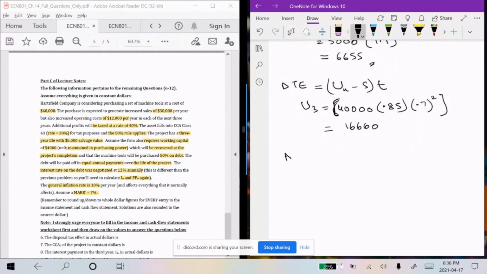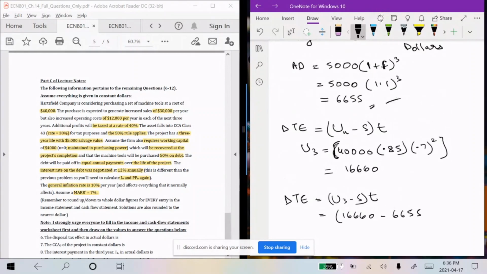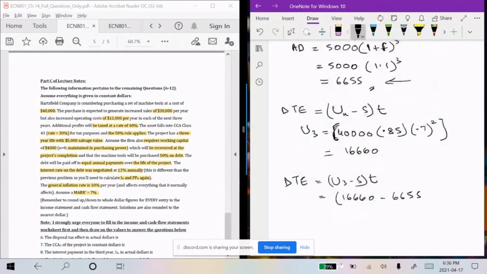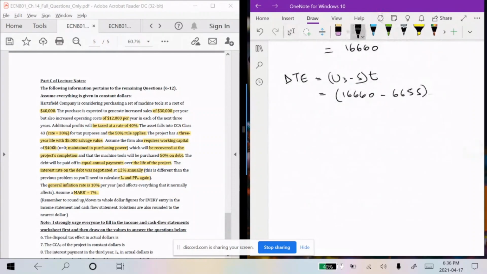Now to calculate the disposal tax effect, you get U3 minus S times T equals 16,660 minus 6,655. That's what we calculated right here. Then you multiply this by the tax rate.